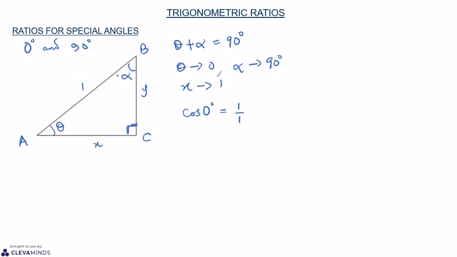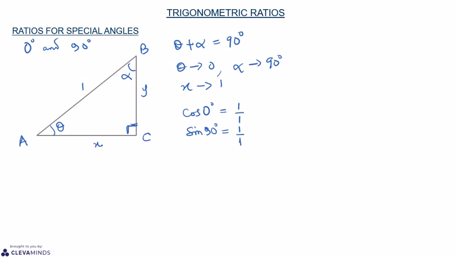The same thing, remember, here this is cos 0, and this will be sine 90, because this one is tending to 90 degrees. So the same thing can be said about sine 90 degrees, which is 1 over 1, the opposite over hypotenuse, as y has become 1.